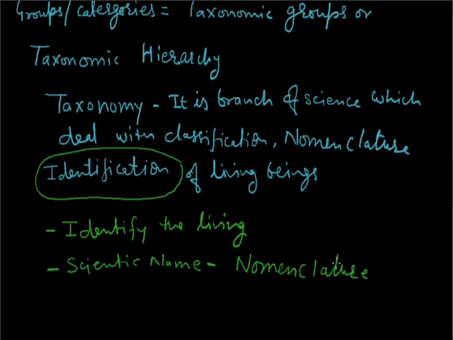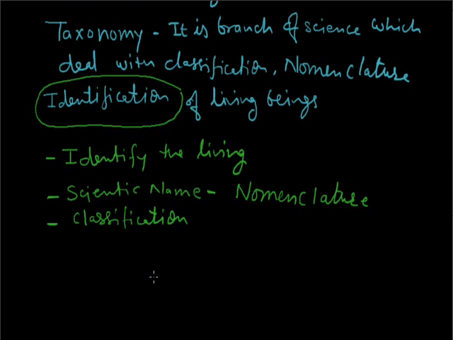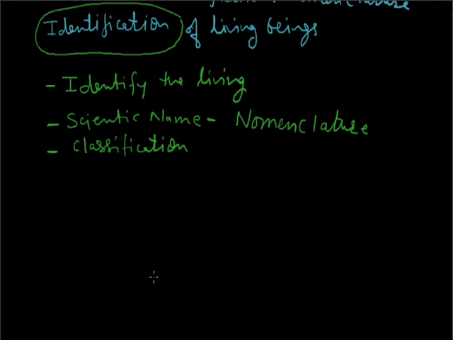Now another one, classify the living beings in a particular group. We call it classification. Classification means grouping of living beings on the basis of their similar features. So this is the branch of science in which we study all these things. The living being or group of living beings which we study in these categories we call taxon.